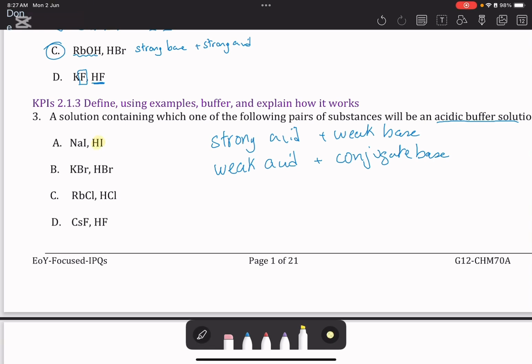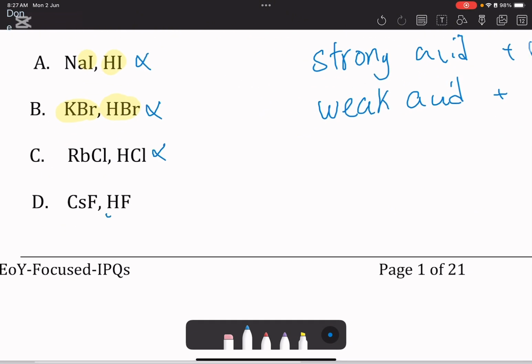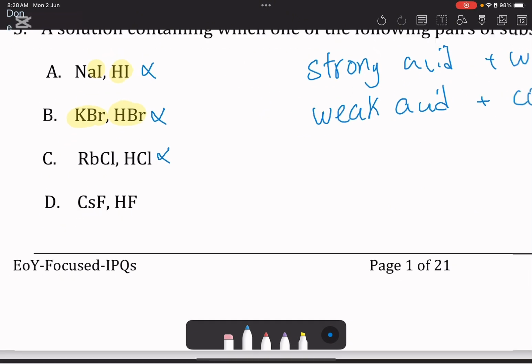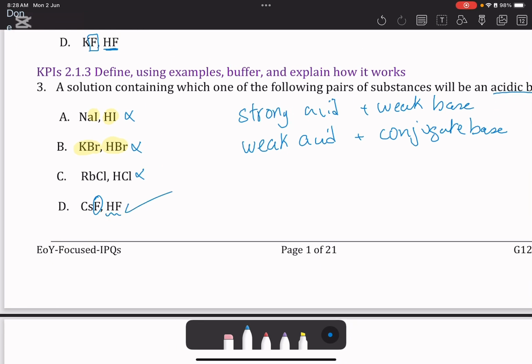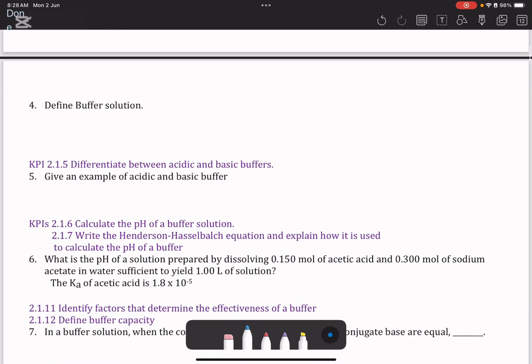So let's look at the options given here: strong acid and neutral salt. Not an option. The next one, strong acid, again with a neutral salt. Wrong. Again, C, same thing. But when we reach D, I have a weak acid with its own conjugate base, F minus. So that is an acidic buffer.